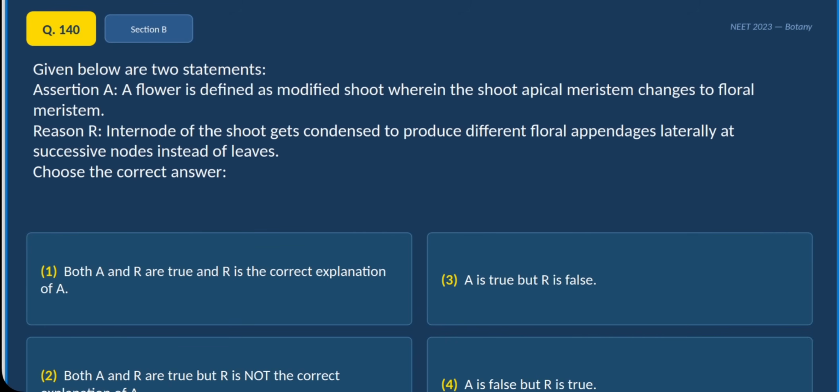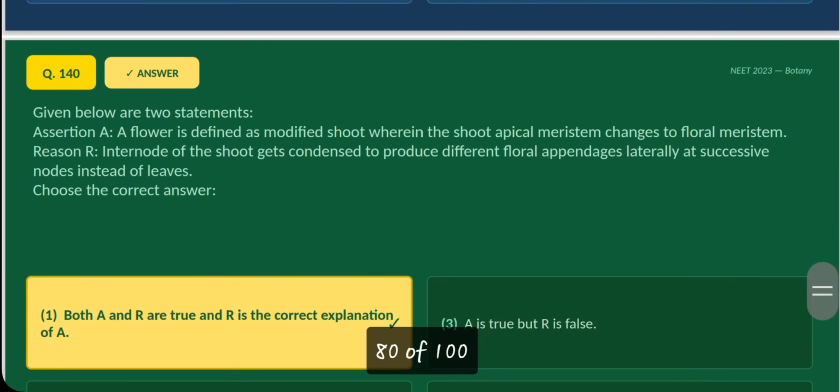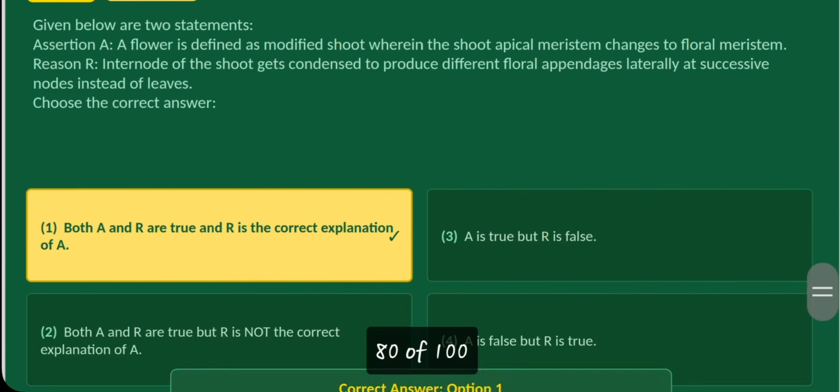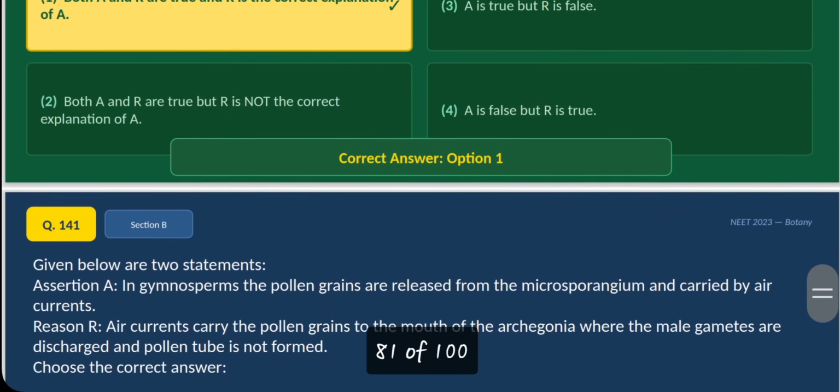So both A and R are correct, and R is the correct explanation for A. This is a description of formation of a flower from a modified shoot and the condensation of internodes so that the leaves become the sepals, petals, stamens and the gynoecium.